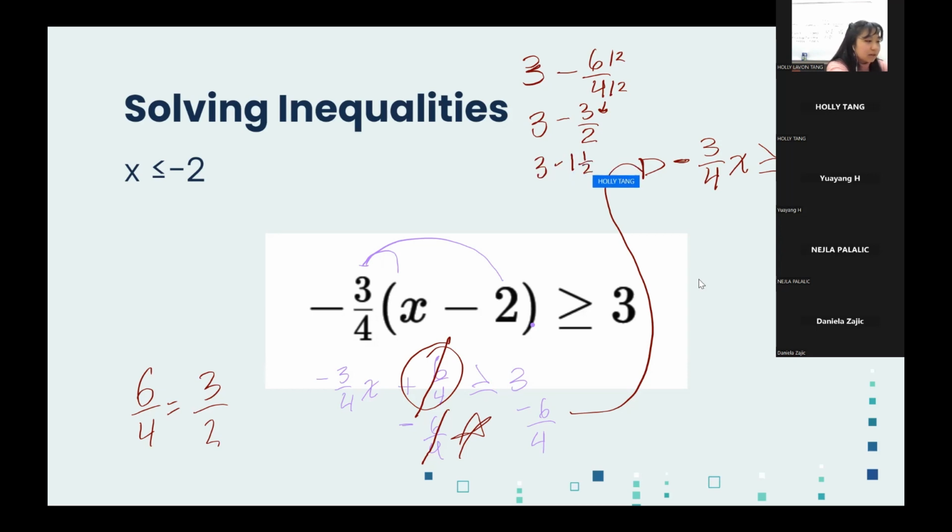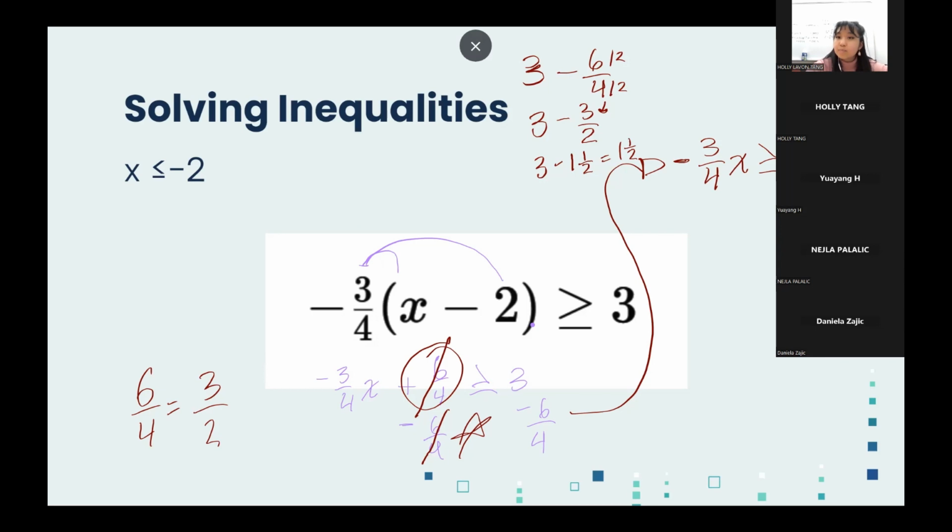So then when we subtract 3 by 1.5, we get 1.5. So this is equivalent to 1.5. Does that make sense? Yeah, you can also times everything by 4. There's a few different ways to approach it.